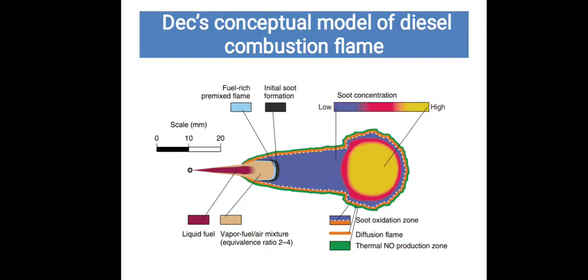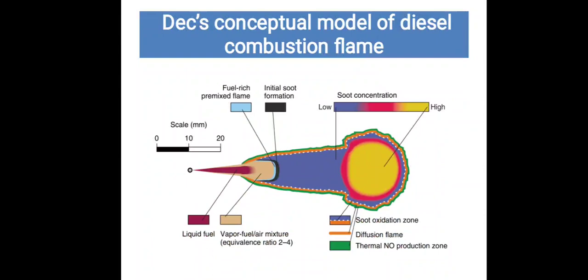The products of the premixed flame mix radially outward until reaching the cylinder gases. The diffusion flame is produced at the location where the rich products and cylinder gases mix to produce a stoichiometric mixture, that is lambda equal to 1. Soot is burned out and NOx is produced on the outside of the diffusion flame.